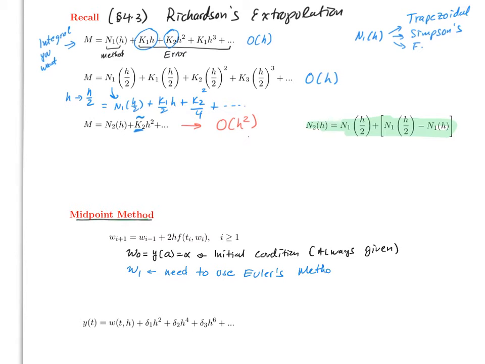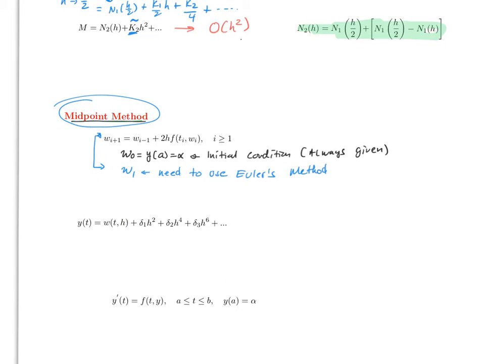So just use Euler's method, and that's how you will get w1. And then all of these will be the difference equation for the midpoint method. Therefore, this method is going to be the basis for the solution of the problem.